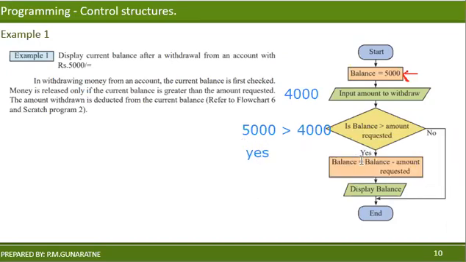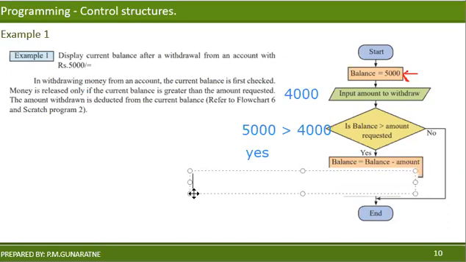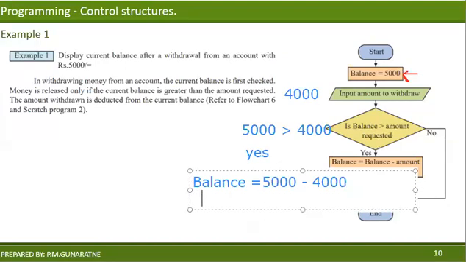Then this will appear: balance equals balance minus amount requested. What is the current balance? Current balance 5,000, 5,000 minus 4,000, which will result in balance equal to 1,000 rupees, right?